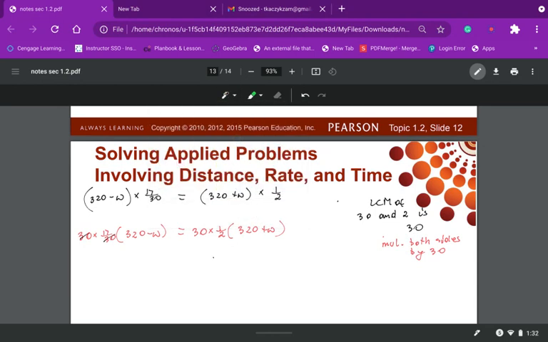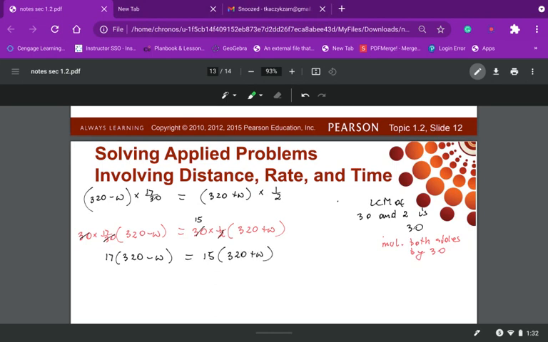The 30 cancels, and we end up with 17 times 320 minus W equals 30 divided by 2, which is just 15, times 320 plus W.